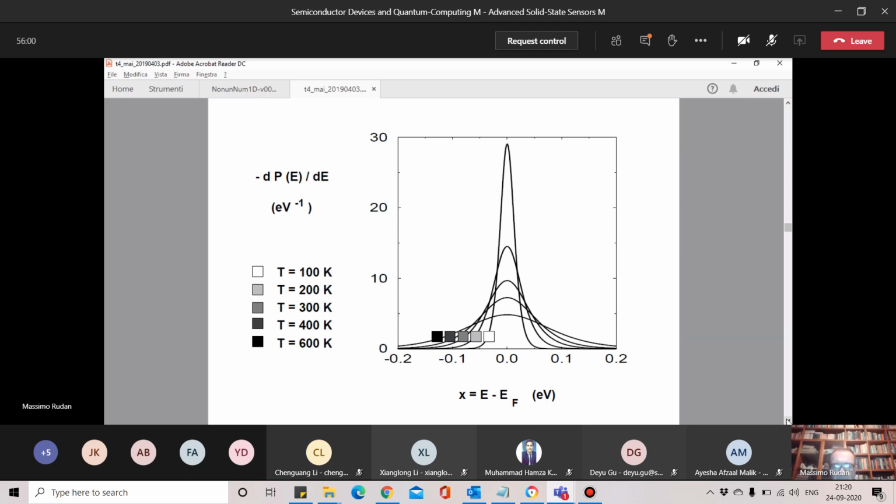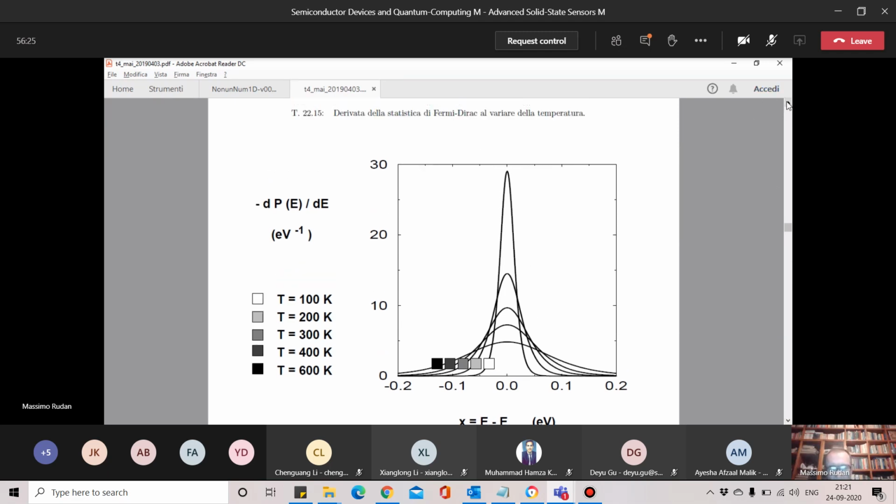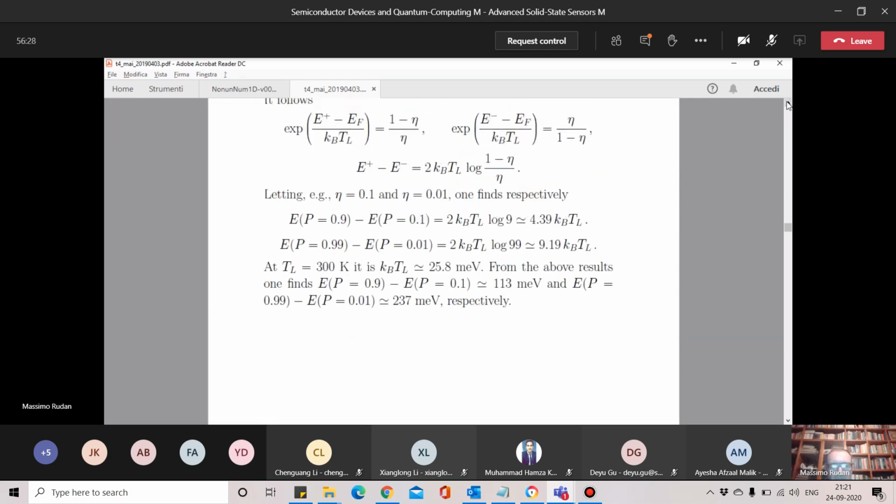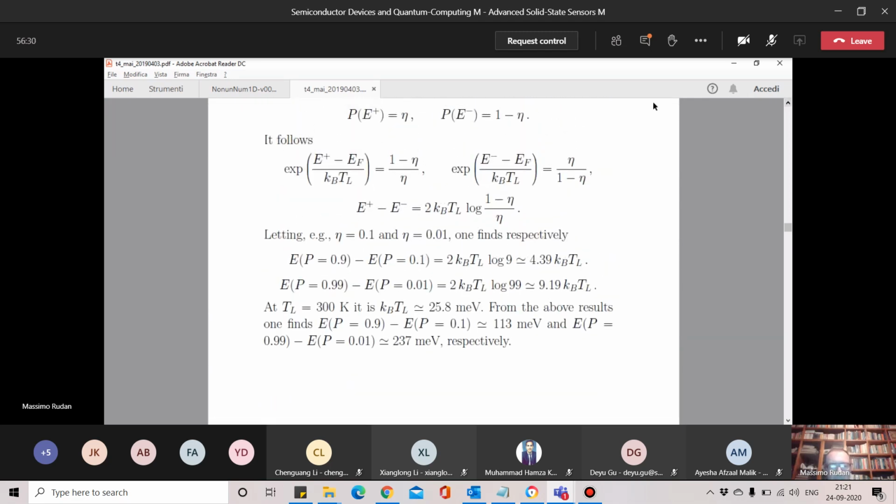If you decrease the temperature, the peak becomes narrower. And we are now interested in understanding how large is the peak at some given temperature, because the width of the peak gives you an indication of how much it takes for the function to go from nearly 0 to nearly 1. It's an easy calculation.